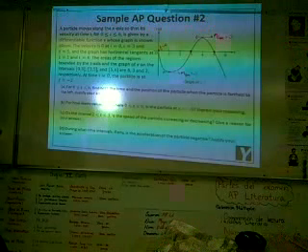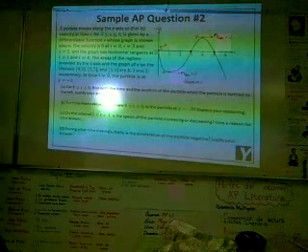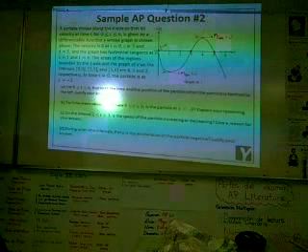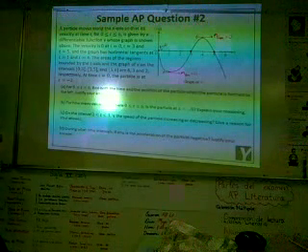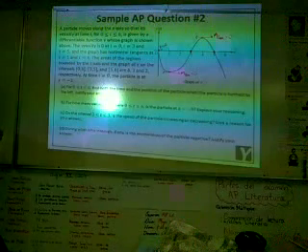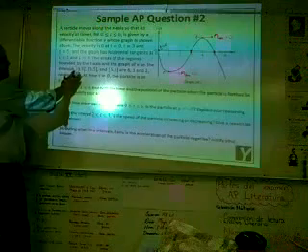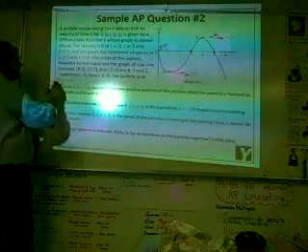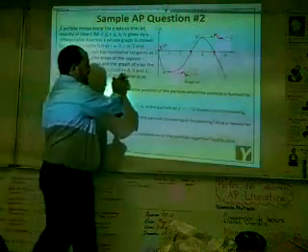We're also told that the areas of the regions bounded by the t-axis and the graph of v on the intervals 0 to 3, 3 to 5, 5 to 6 are going to be 8, 3, and 2 respectively. All right, let's continue marking up our diagram. Let's read that again. If I look from 0 to 3, that area is 8.